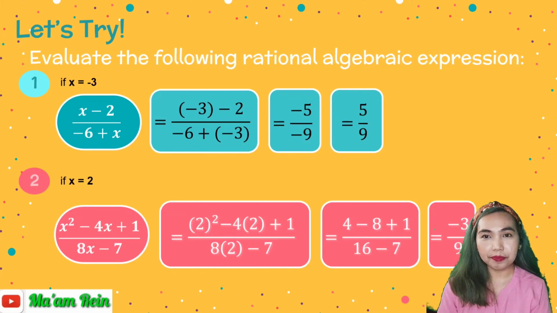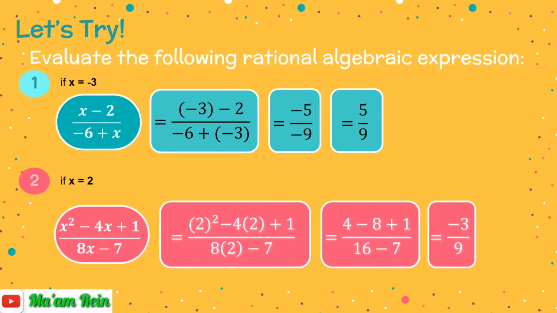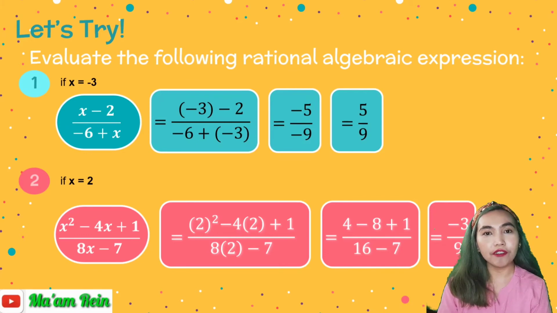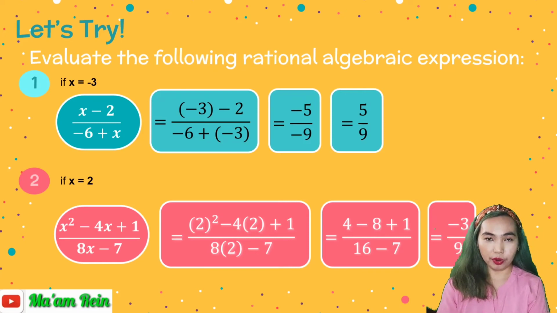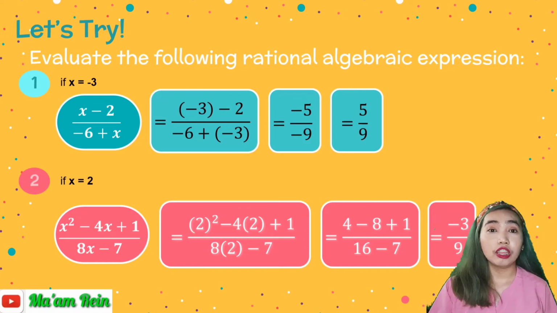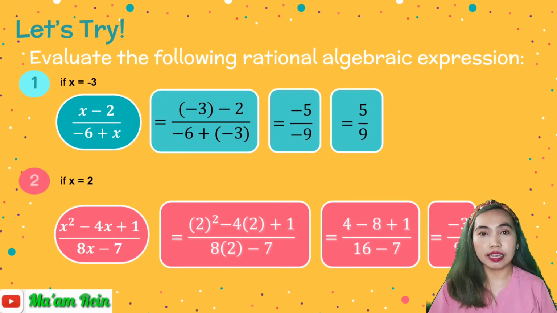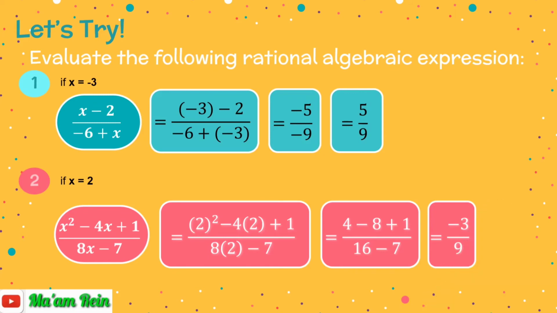Because it can be divided by 3. That is their common factor of the numerator and the denominator. So negative 3 divided by 3 is negative 1, and 9 divided by 3 is 3. So the final answer is negative 1 over 3.